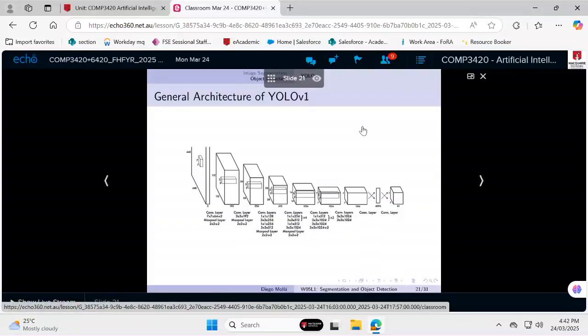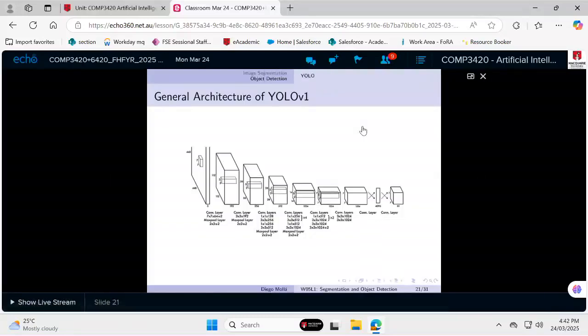This is YOLO. I'm going to talk about YOLO version 1, the first one, which is the easiest one to explain. Currently, I think we are at version 8, if I recall well. So it has been changing over time. In YOLO version 1, this was the actual architecture from the paper that described the system, and there is nothing really complex.